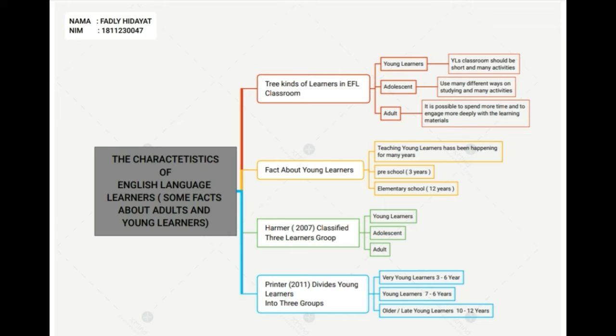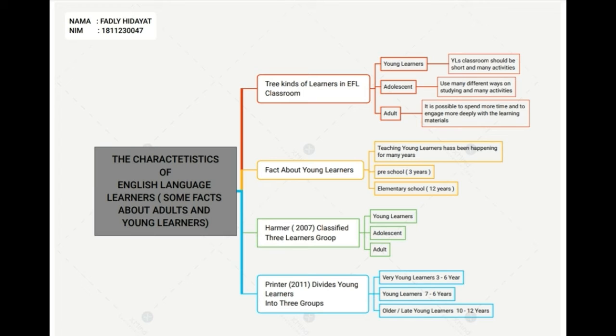And then, the details of the material. The first one is facts about young learners. Teaching young learners has been happening in Indonesia for many years. The concept of young learners has changed from age to the course book that has been written.